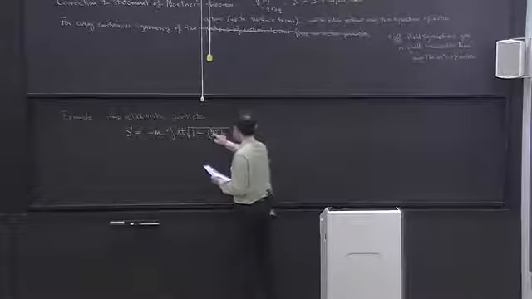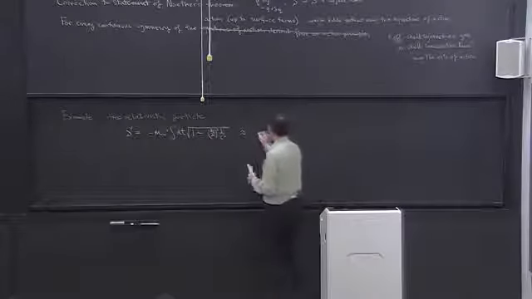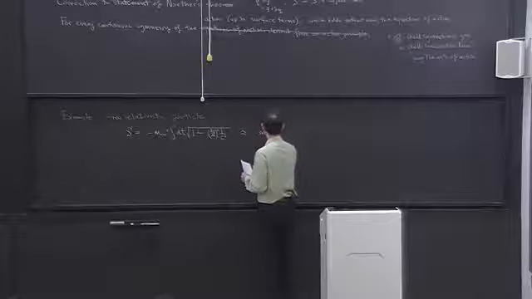For small velocities, when dx/dt over c is much less than 1, this becomes approximately minus m_0 c^2 integral dt.